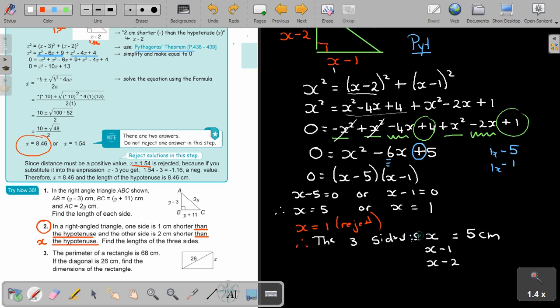So let's call it side 1, side 2, side 3. This will be 5 centimeters, this will be 5 minus 1, 4 centimeters, and this will be 5 minus 2, 3 centimeters. Okay, and those will be the three sides.